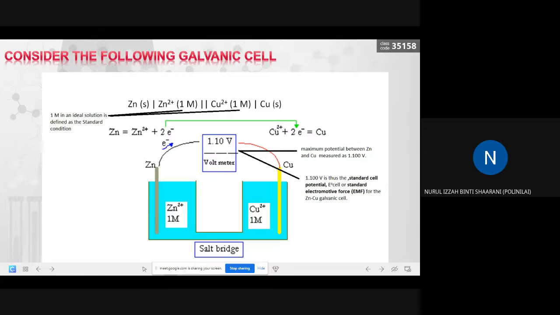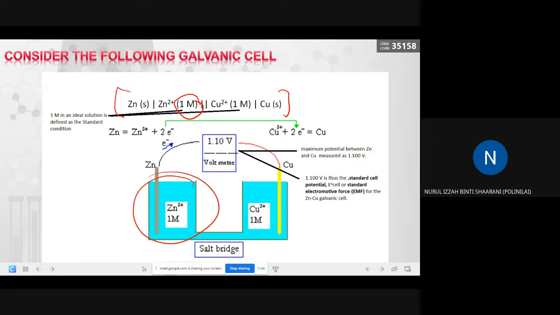Okay, so consider the following galvanic cell. Kalau kita write down the cell notation, kita akan write down macam ni. Kalau kita tengok dekat sini 1 molar, maksudnya merujuk kepada kepekatan electrolyte tu.